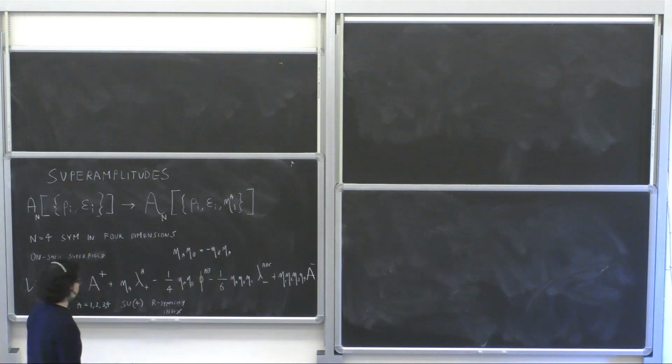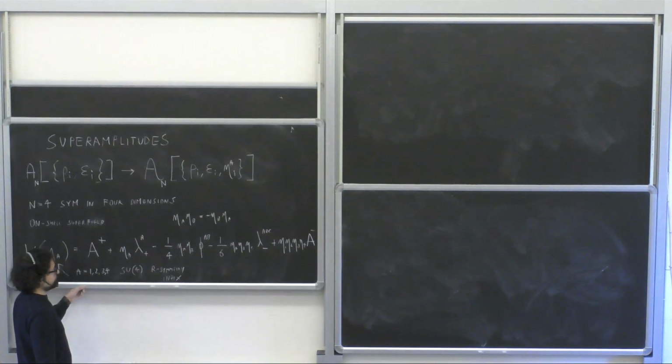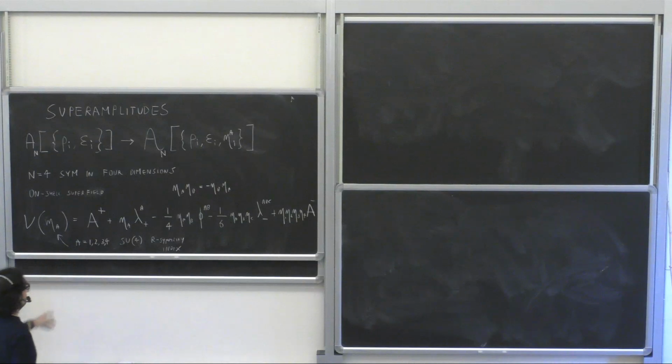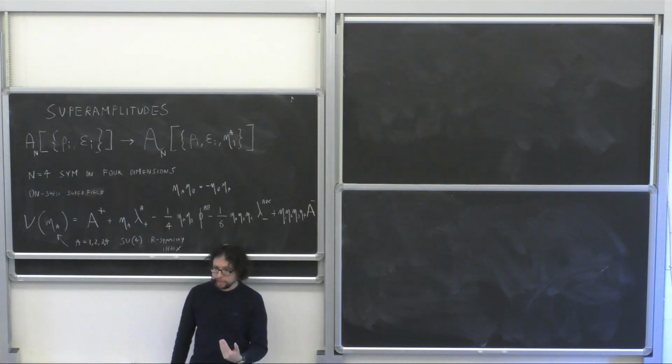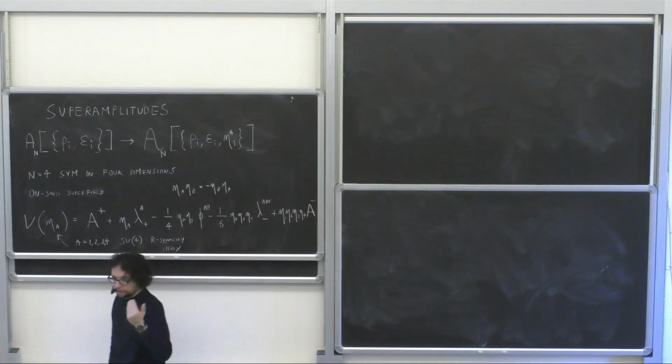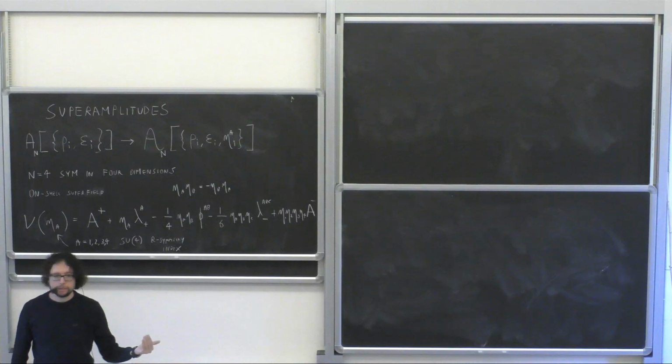Something that you see in this presentation of the amplitude is the obvious fact that this is very simple. And the simplicity was obtained at the price of breaking Lorentz invariance, because there's a gluon here, there's a gluon here, and as far as we're labeling states, states are labeled by their helicity, I can do this.